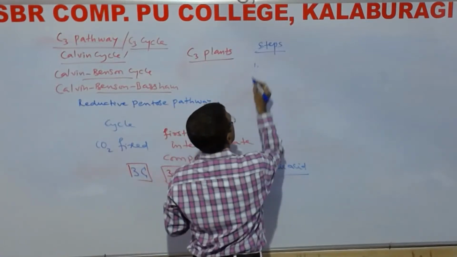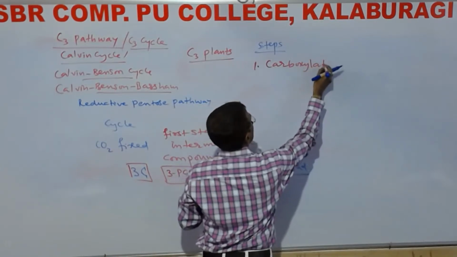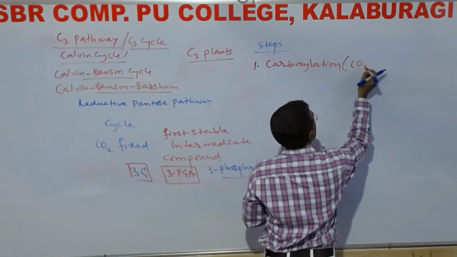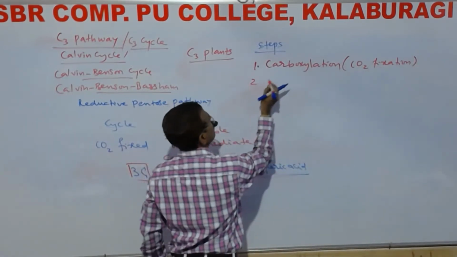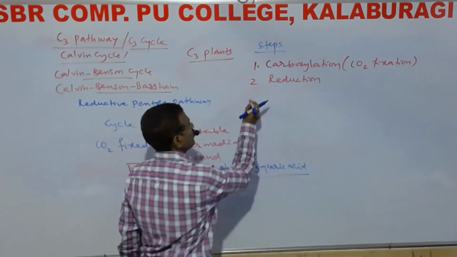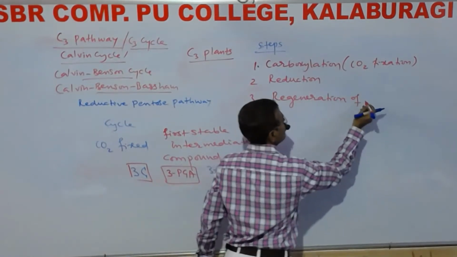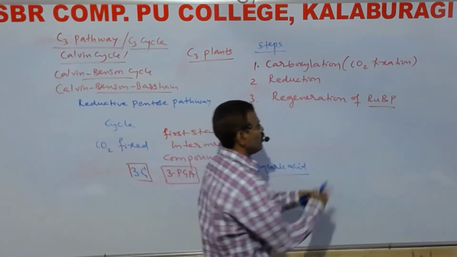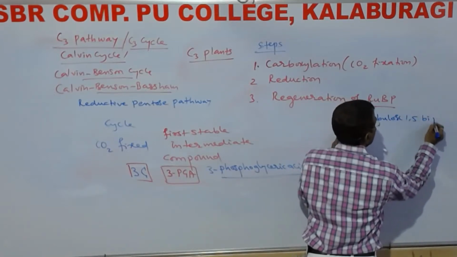The first step is carboxylation, also referred to as carbon dioxide fixation. The second step is reduction. And the third step is regeneration of RuBP. RuBP here is ribulose 1,5-bisphosphate.